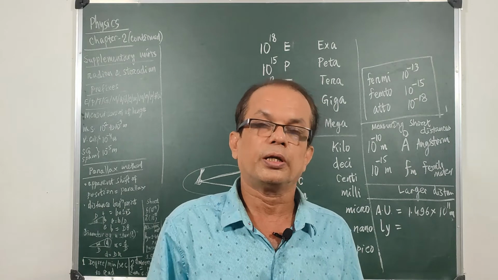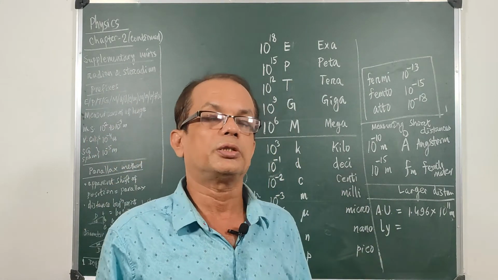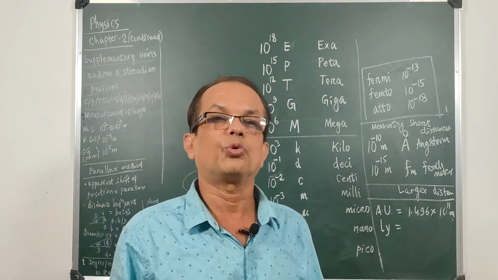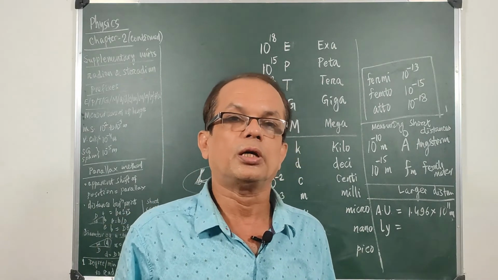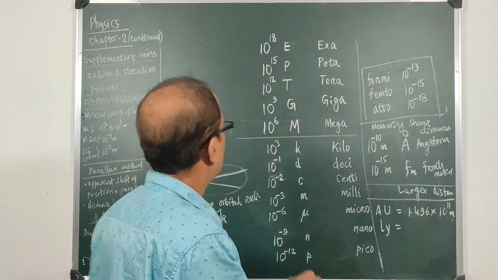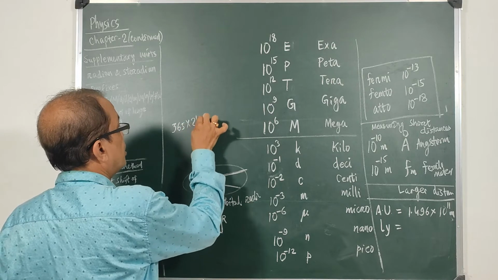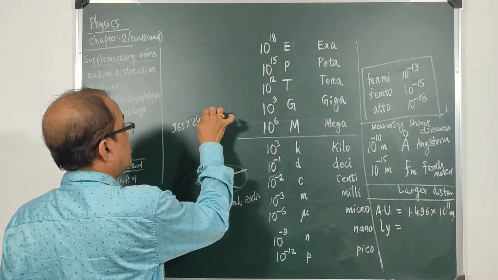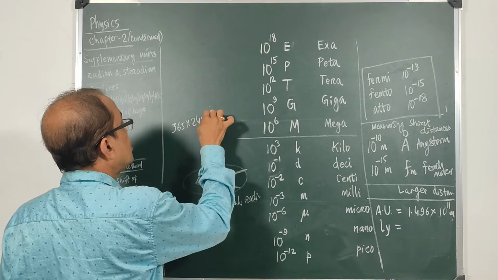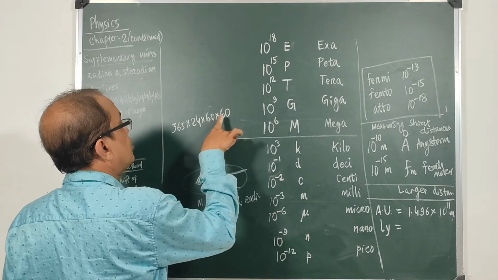So if you multiply, a year consists of 365 days and each day consists of 24 hours. Each hour has 60 minutes or 3600 seconds. So you have to multiply 365 into 24 for days and 60 into 60 for minute up to second.